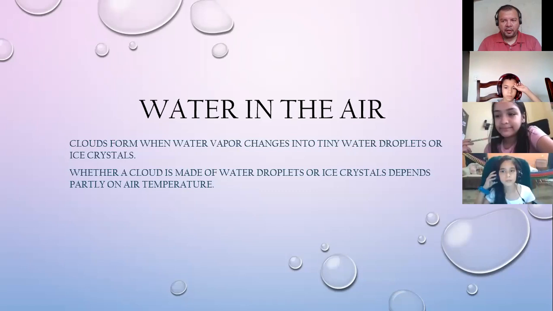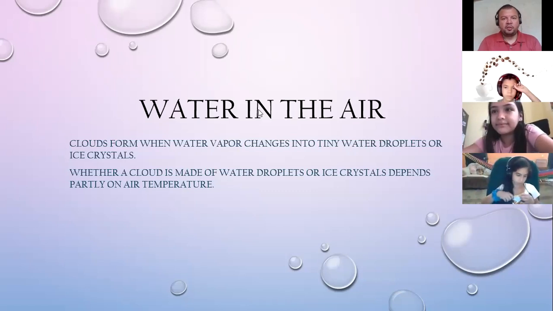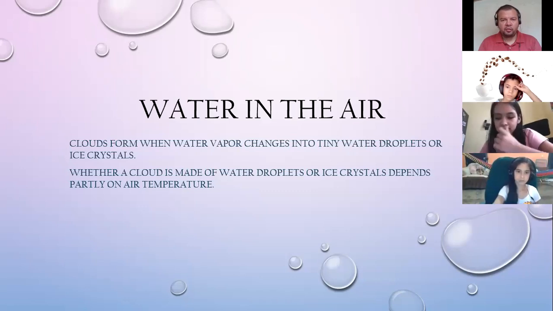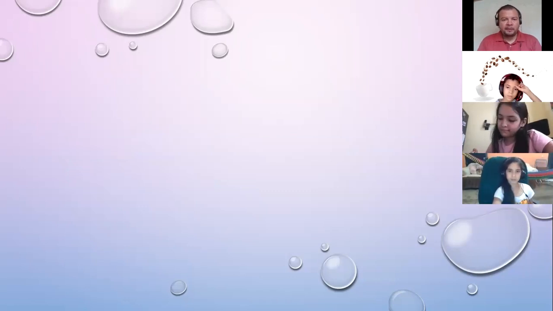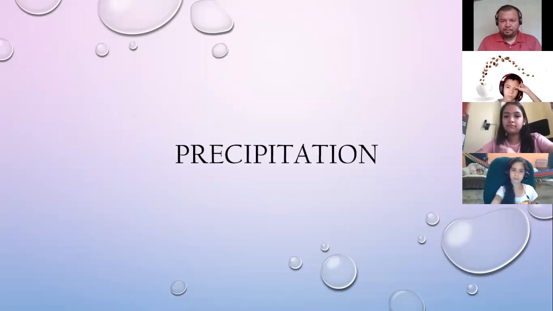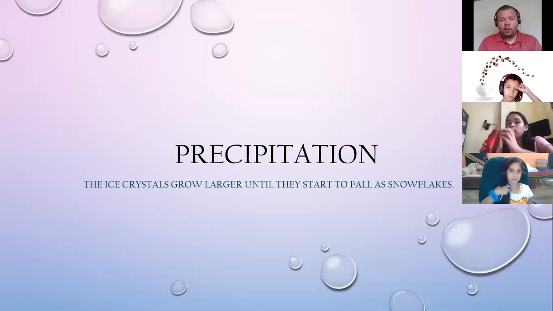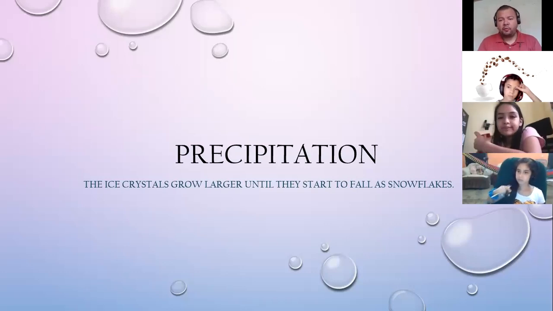Okay, very good. Thank you, Fatima. To continue, watching the slideshow, I show you on the screen, we're going to talk about precipitation. The ice is formed basically. The ice crystals grow larger until they start to fall as snowflakes.